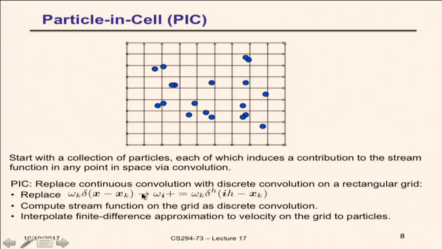We replace omega_k delta of x minus x_k with omega_i, which on each grid point is the sum of the contributions from each particle of a regularized by h delta function evaluated at grid points. Then we compute the stream function on the grid as a discrete convolution with our original Green's function. And then we interpolate the finite difference approximation to the velocity from the grid to the particles.